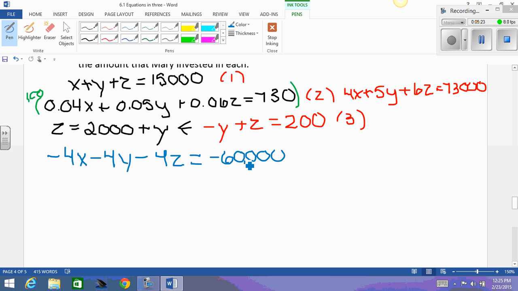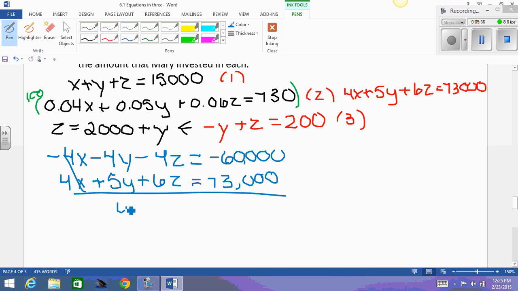Bring that second equation down: 4x plus 5y plus 6z equals 73,000. We add them, and it gives us y plus 2z equals 13,000.